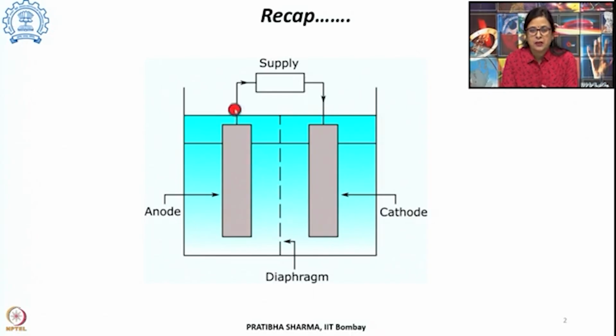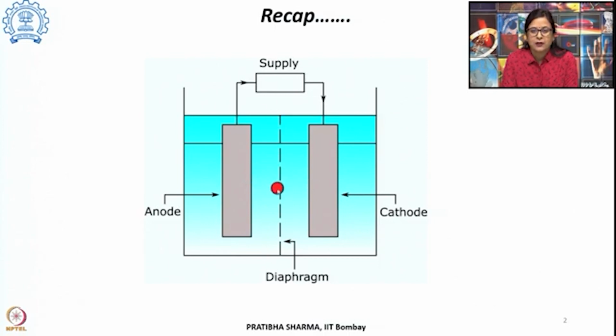There is an external supply connected, and this is to adjust the Fermi levels of the electrodes, so the redox couple reactions can take place.